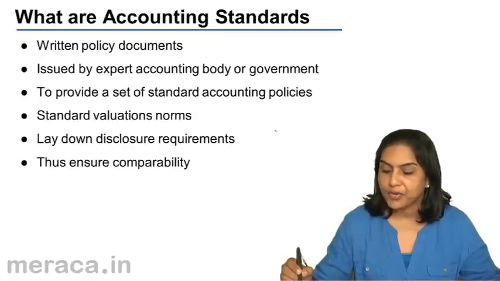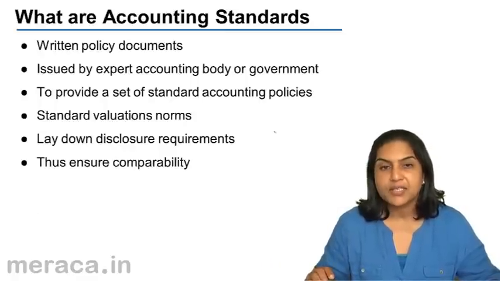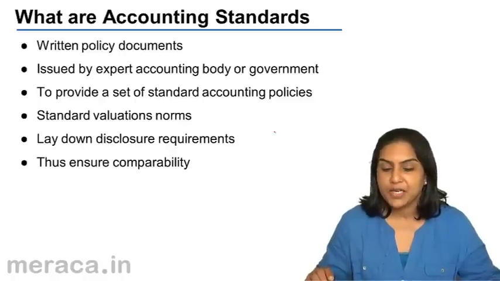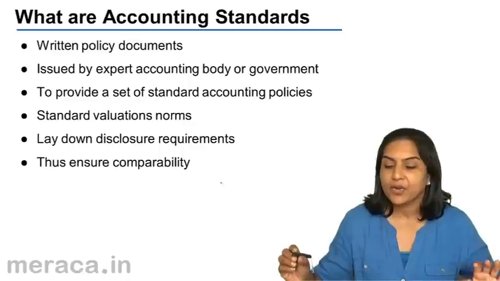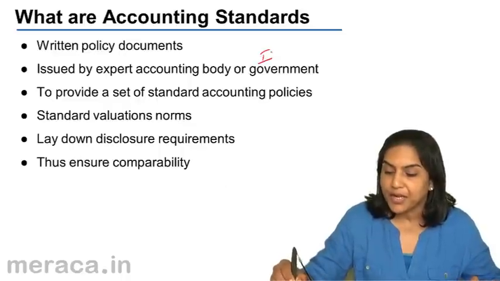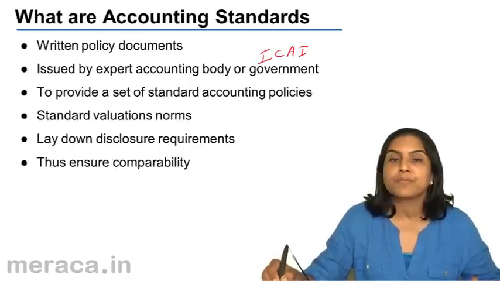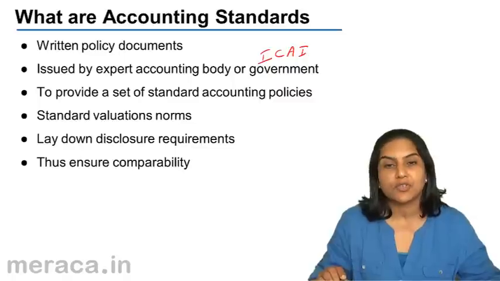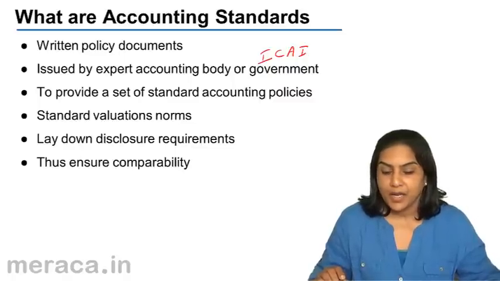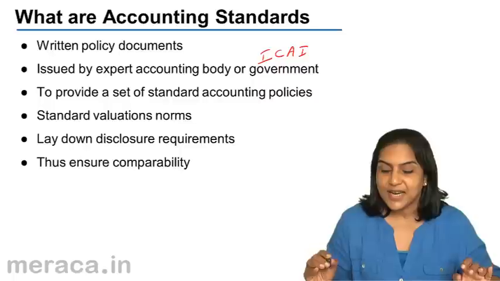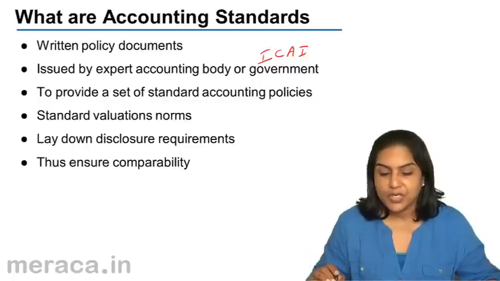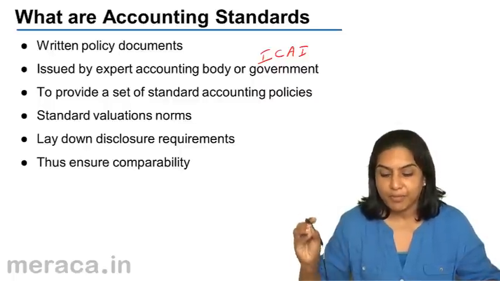And what are accounting standards? Accounting standards are written policy documents issued by any regulatory body or expert body. In India, they are issued by the Institute of Chartered Accountants of India. They provide certain standard accounting policies, certain standard valuation methods.